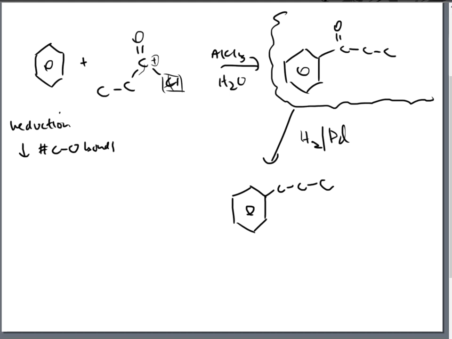Now, that's only one option. Okay, I'm going to throw out another option here. The other option is a benzene ring, and let's say that we already have acylated it. All right, so let's say that this is what we have. If we want to destroy that carbon double bond O, there's another way that we could do it. We don't have to use just hydrogen and palladium or platinum.